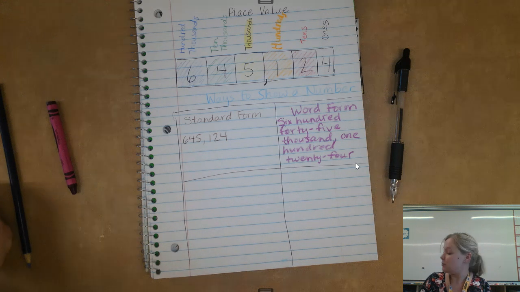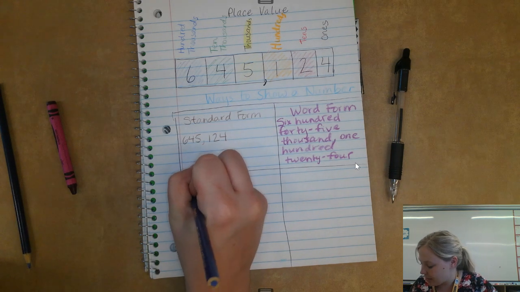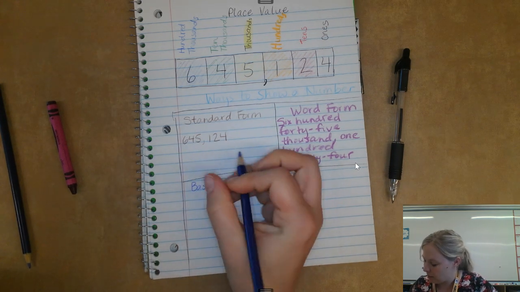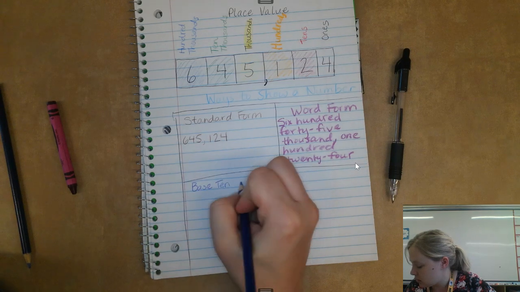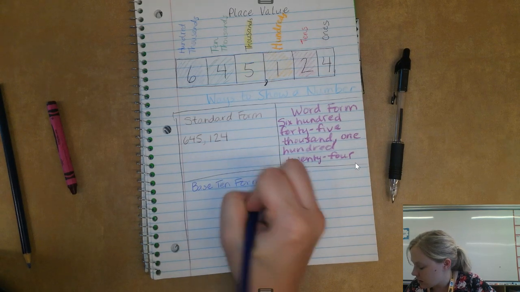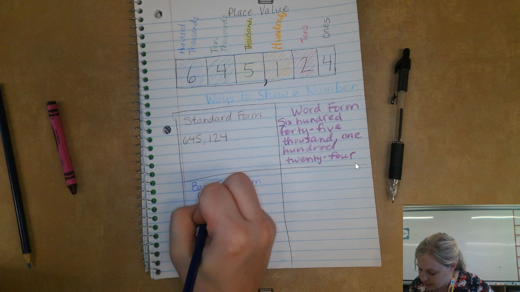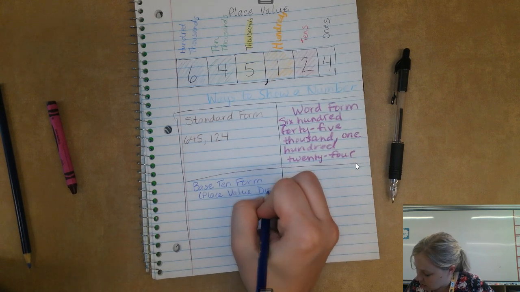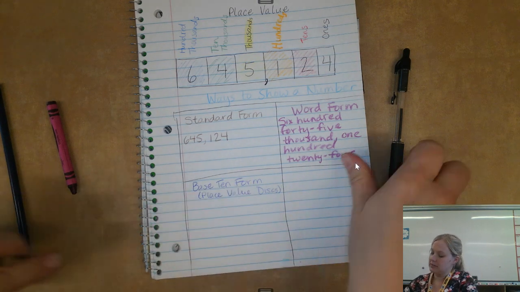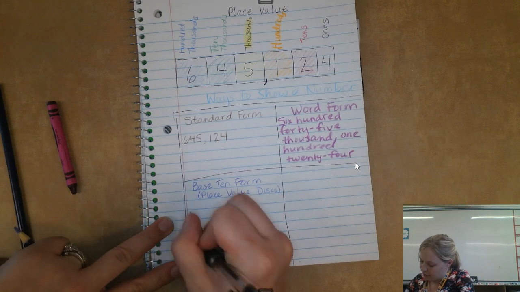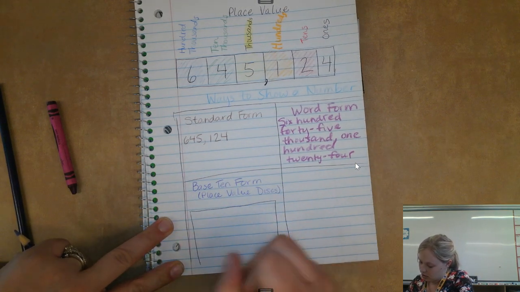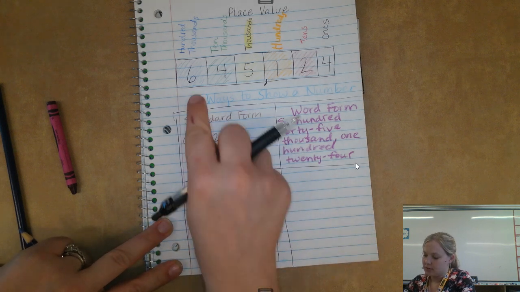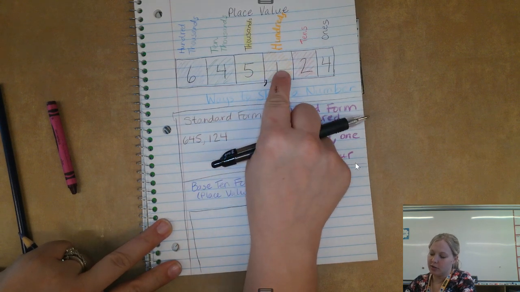After word form, we have our base 10, or we can also call it place value form. I'm going to show it with place value discs. The way I do this is we're going to divide this into 6 columns: 100,000s, 10,000s, thousands, hundreds, tens, ones.